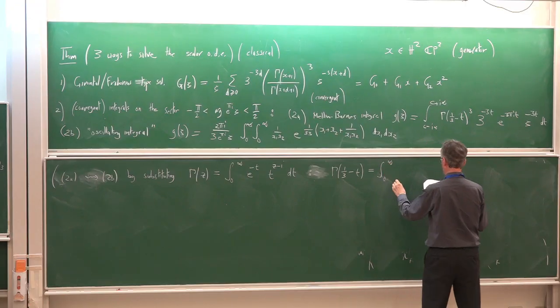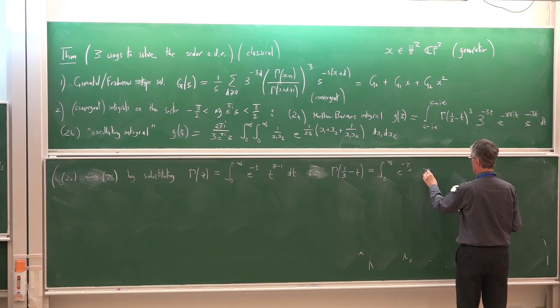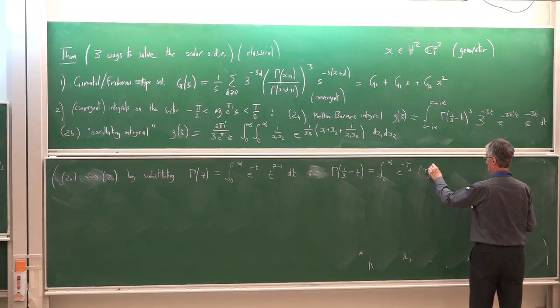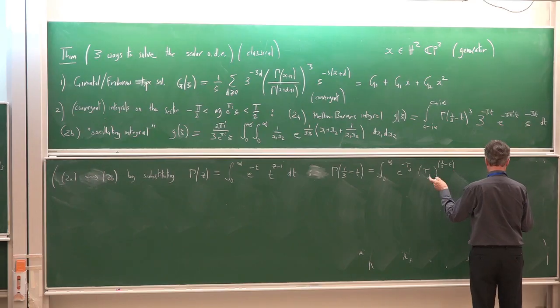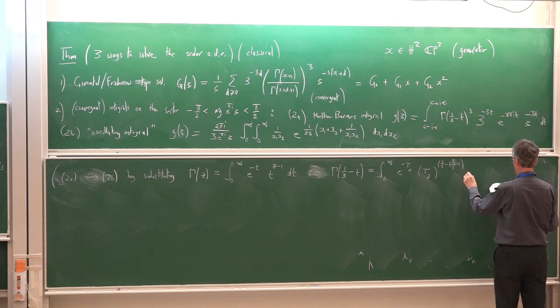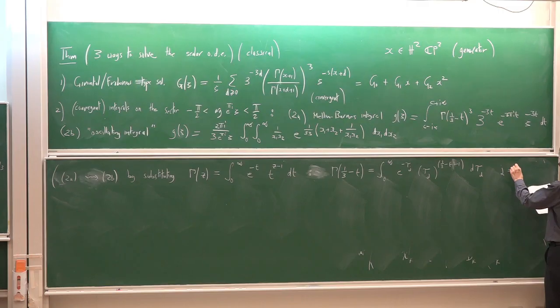So each gamma is an integral like this, but now let me change the notation and call it tau instead of t. So tau j, instead of z, I have 1/3 minus t minus 1 d tau j. j will be 0, 1, or 2. So there are 3 gamma factors, and I introduce 3 new variables.